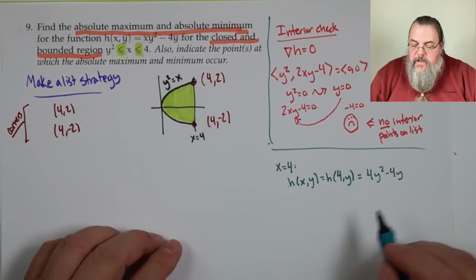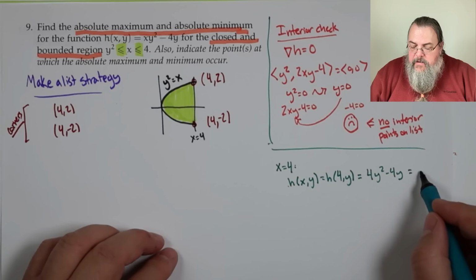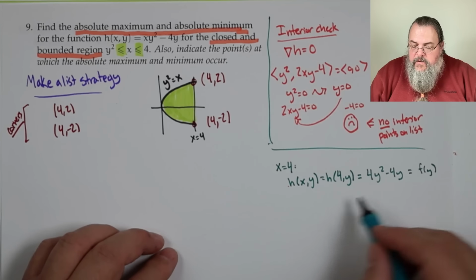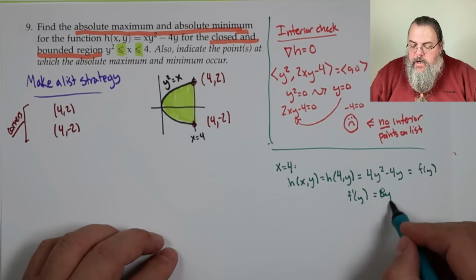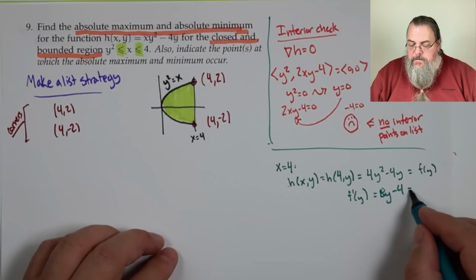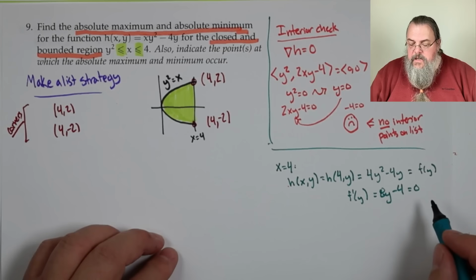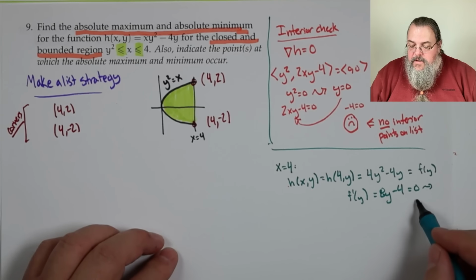All right, take a derivative. Right, because this right here, this is some function of y. So we say, well, the derivative of this function, that's 8y minus 4. Set that equal to 0. And, well, that says, add 4, divide by 8, and we get that y is 1/2.